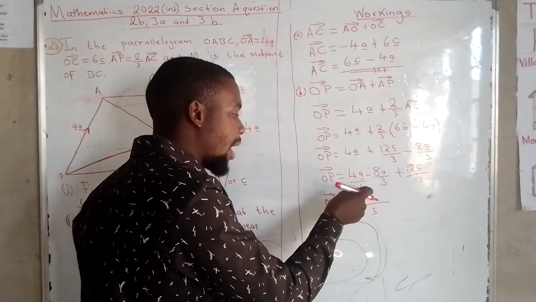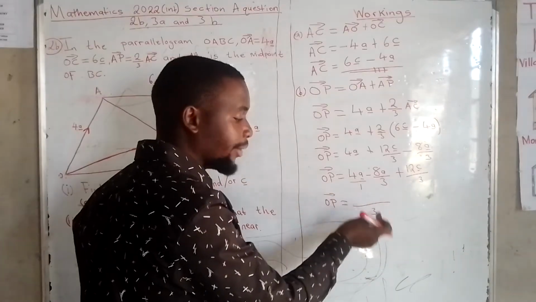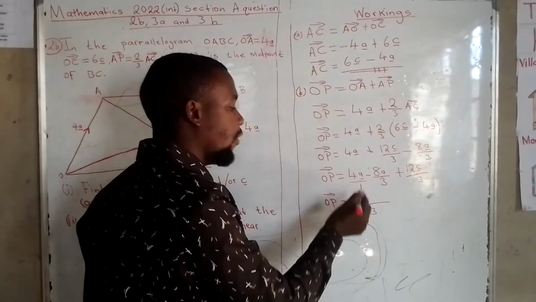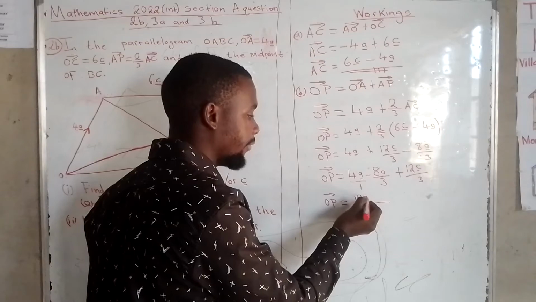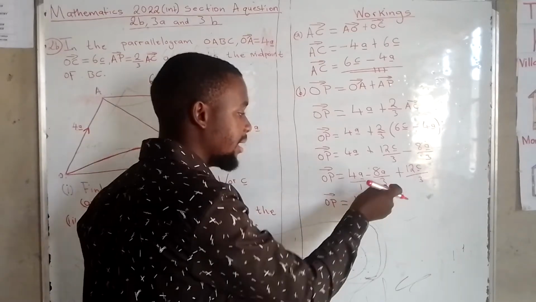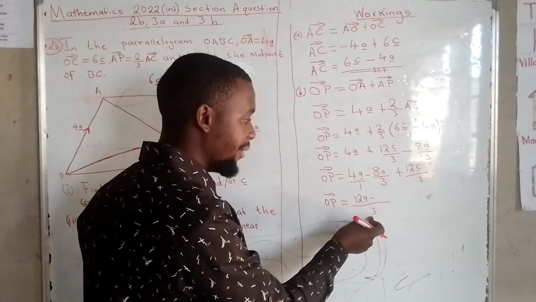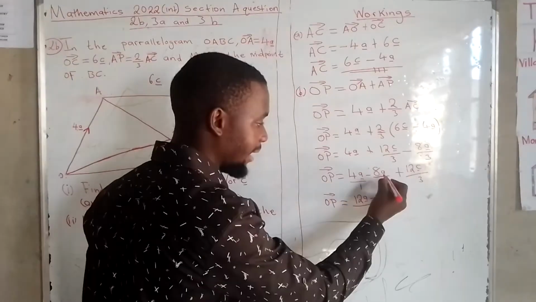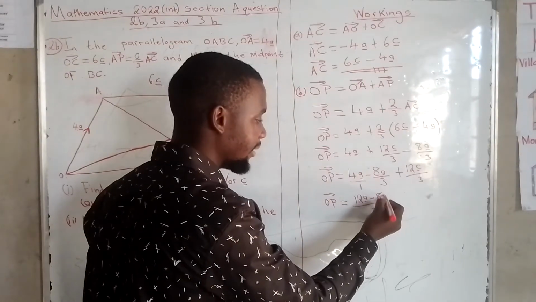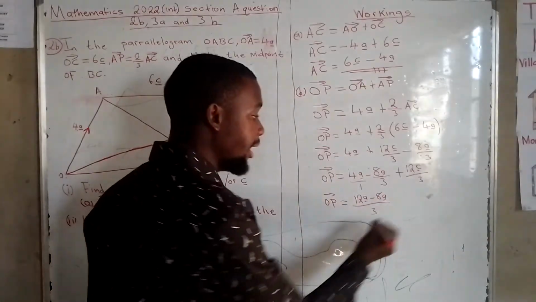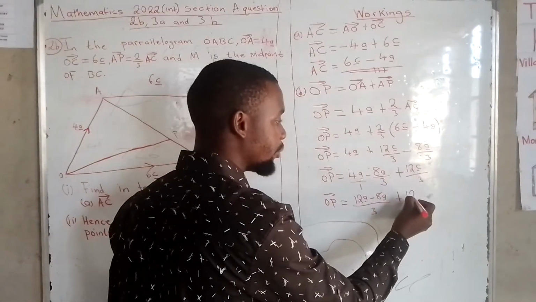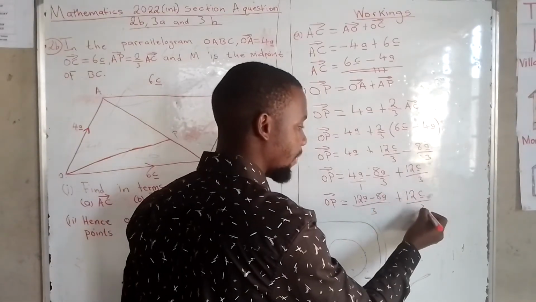How many times can 1 go into 3? 1 can go into 3 times. 3 by 4, that is 12. So it's 12 vector A minus 3 into 3, that is 1. 1 times 8 vector A, that is 8 vector A. Okay, then this one is still plus 12 vector C over 3.